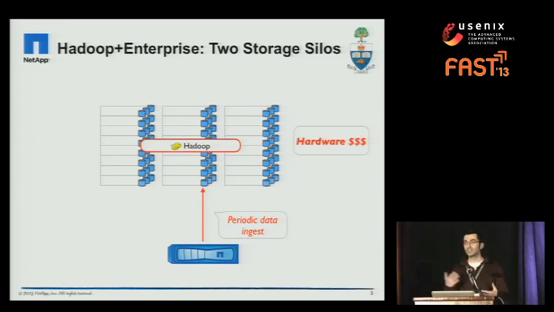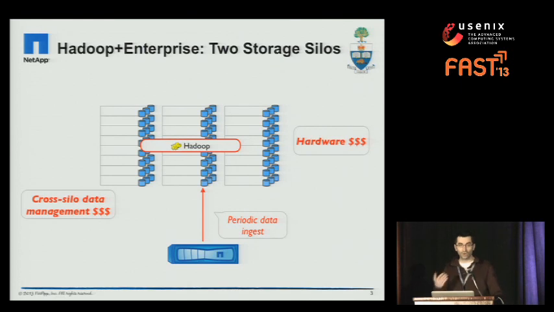Periodic data ingest is a manual, static process. Someone has to manage it. It's typically cumbersome. And the second problem is that all of a sudden you have data stored in multiple places, right? Data stored in multiple silos. And you have to address, for instance, data consistency issues. But the fundamental problem is this cross-silo data management, which is typically very expensive and error-prone.